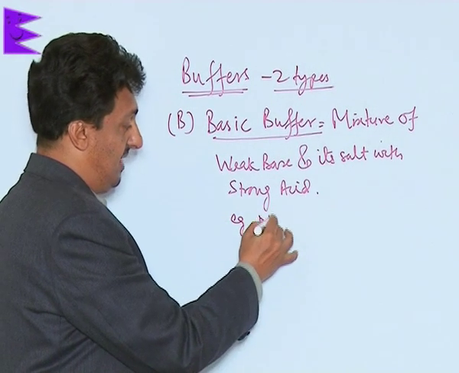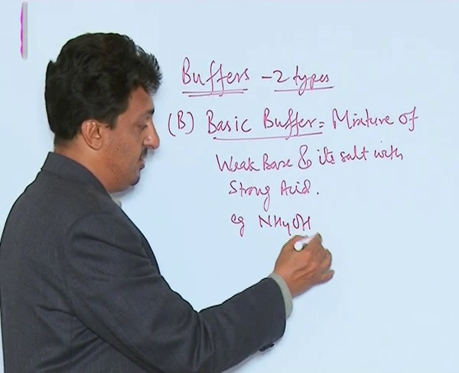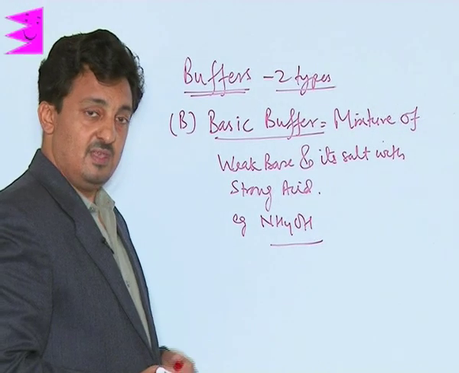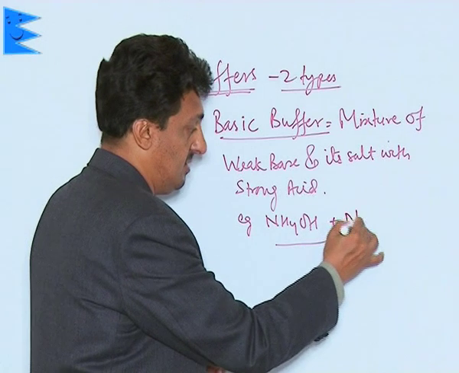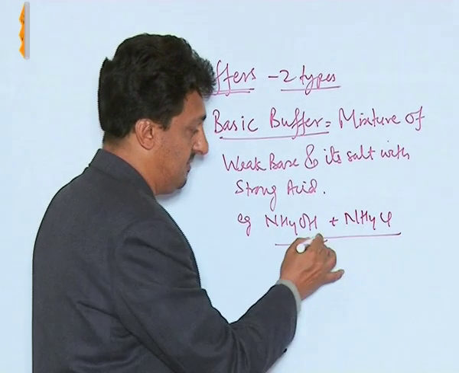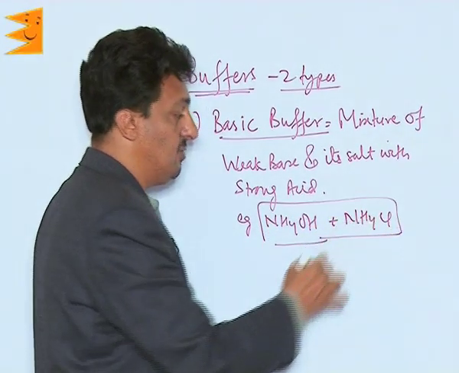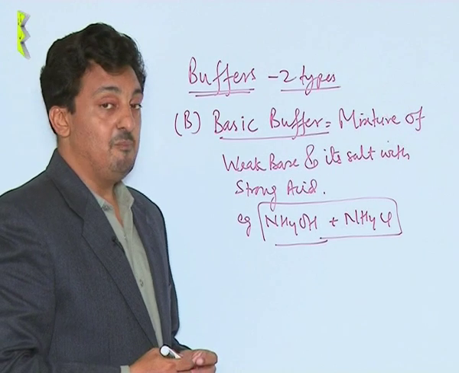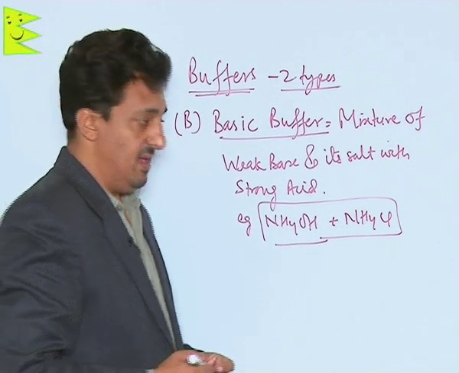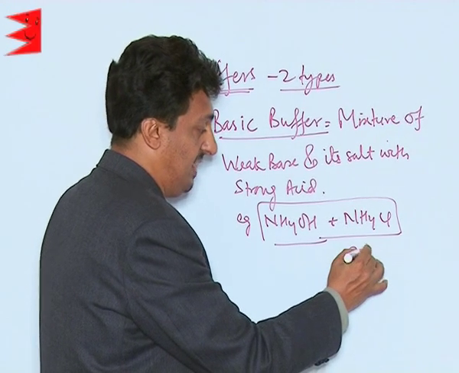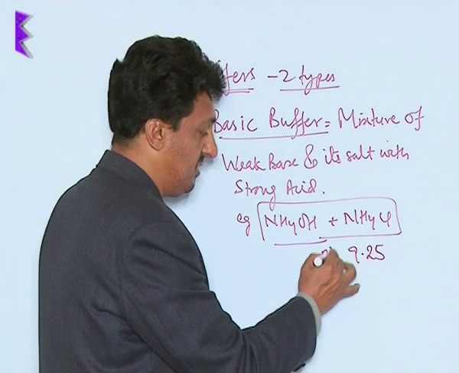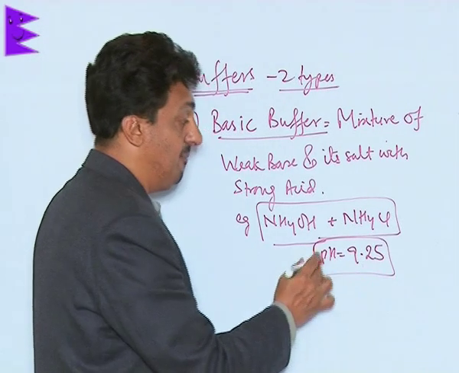Let me take the example of a weak base like ammonium hydroxide, and its salt with a strong acid like HCl, which is ammonium chloride. The mixture of these two acts as a basic buffer, and together at around a pH of 9.25 they form a basic buffer.